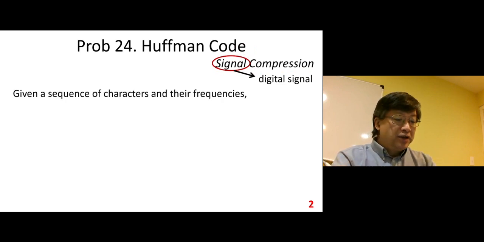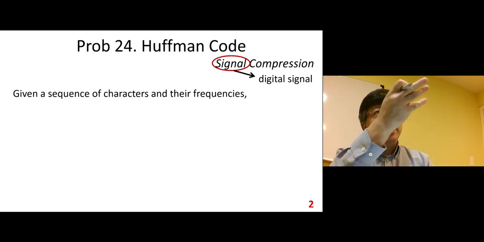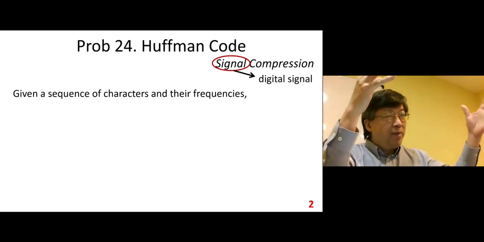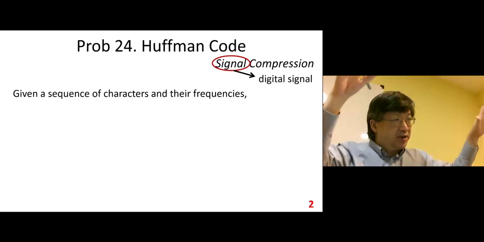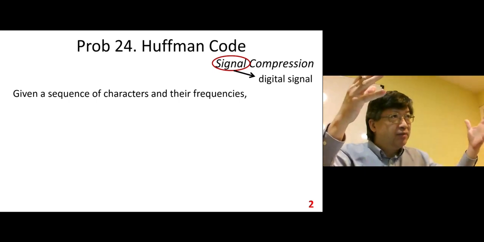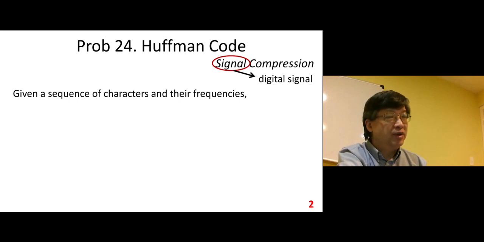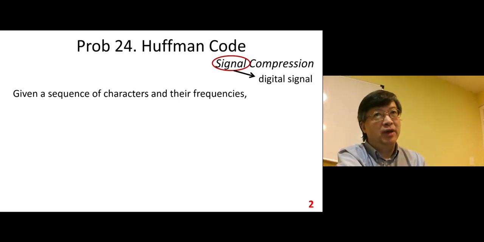Given a sequence of characters and their frequencies. We use characters to represent data information, right? Data represented in characters.